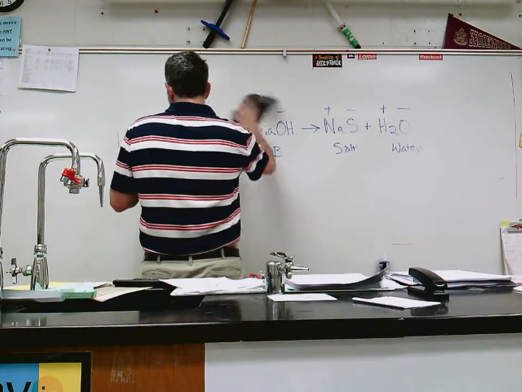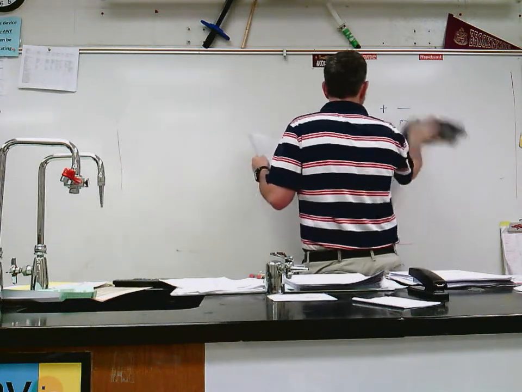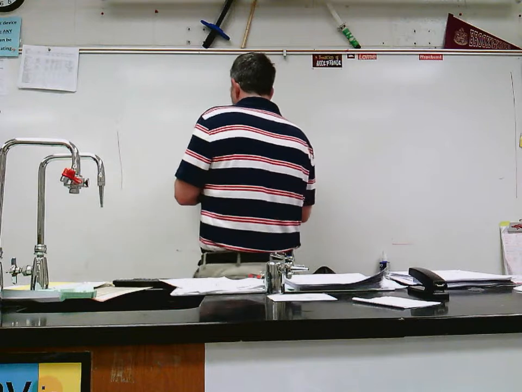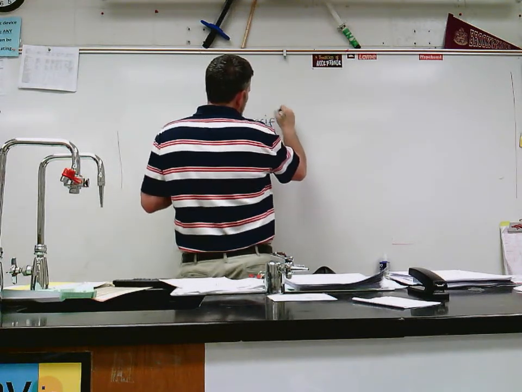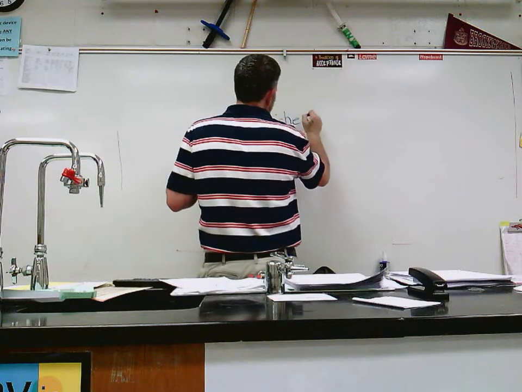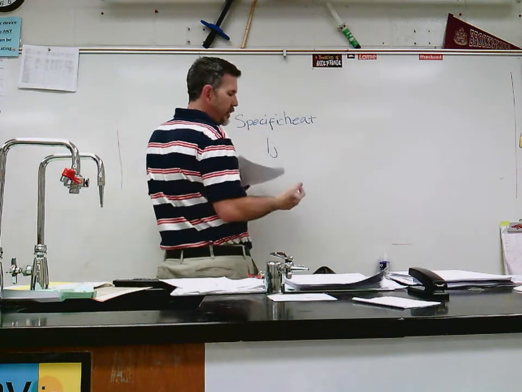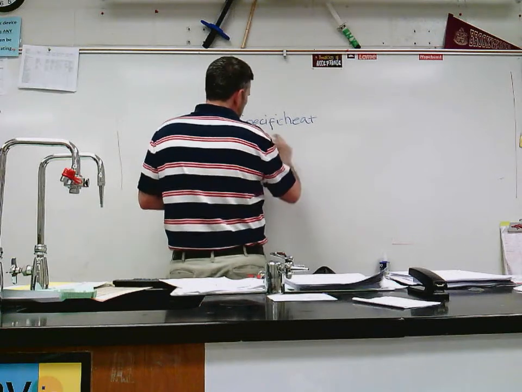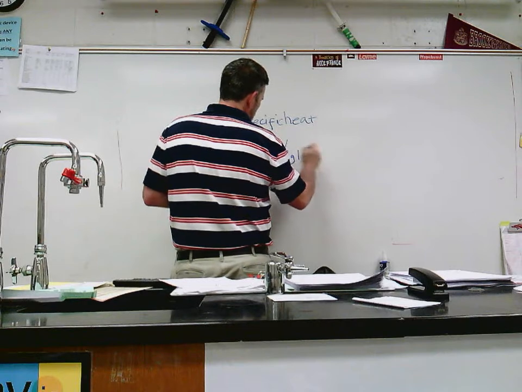Okay, amount of heat needed to raise the temperature of 1 gram of a substance by 1 degree. Well, that sounds like specific heat. And we know it because if you just look at the units, it's joules per 1 gram per 1 degree Celsius.